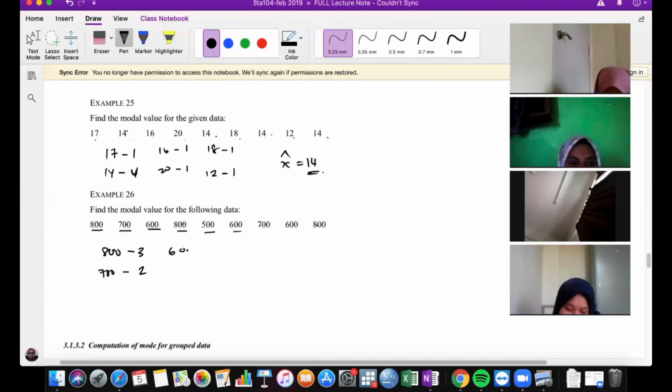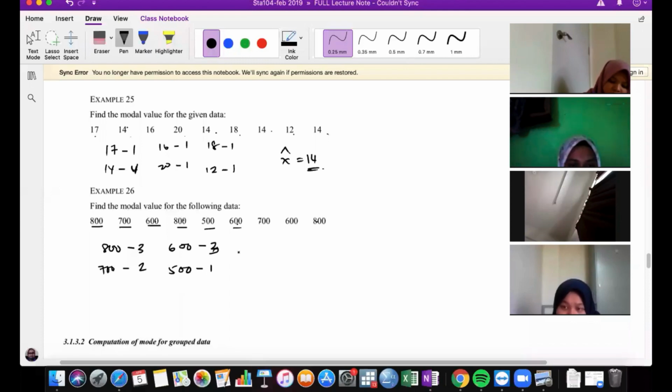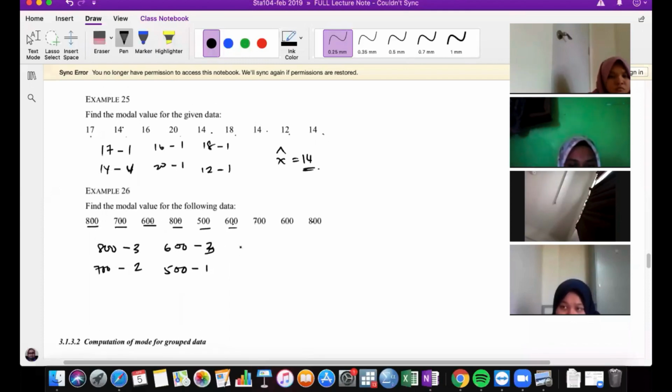And 600, we have 1, 2, 3, right? And the last one is 500. We have only one. So by looking at the most frequent value to occur, we have 800 and 600 having 3 observations. So for this example, we have 2 modes. Mode number 1 is 800 and mode number 2 is 600.